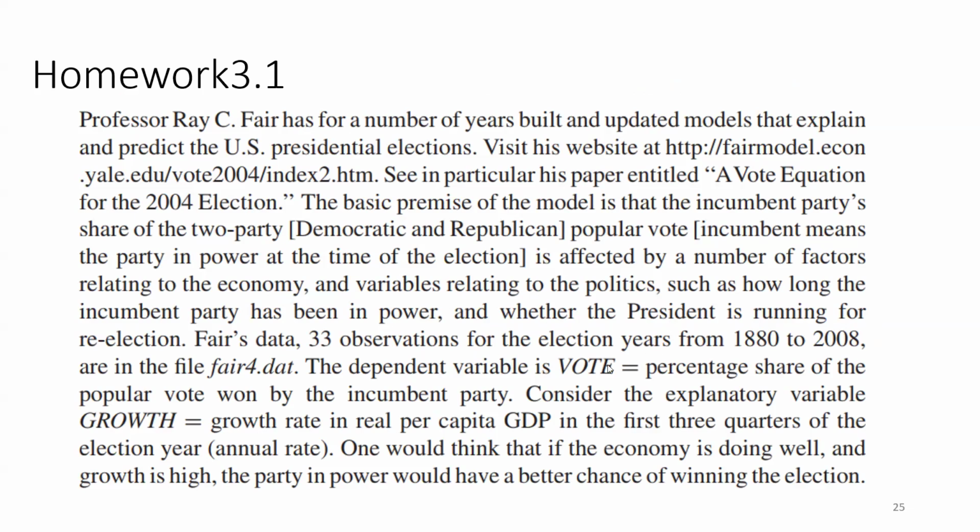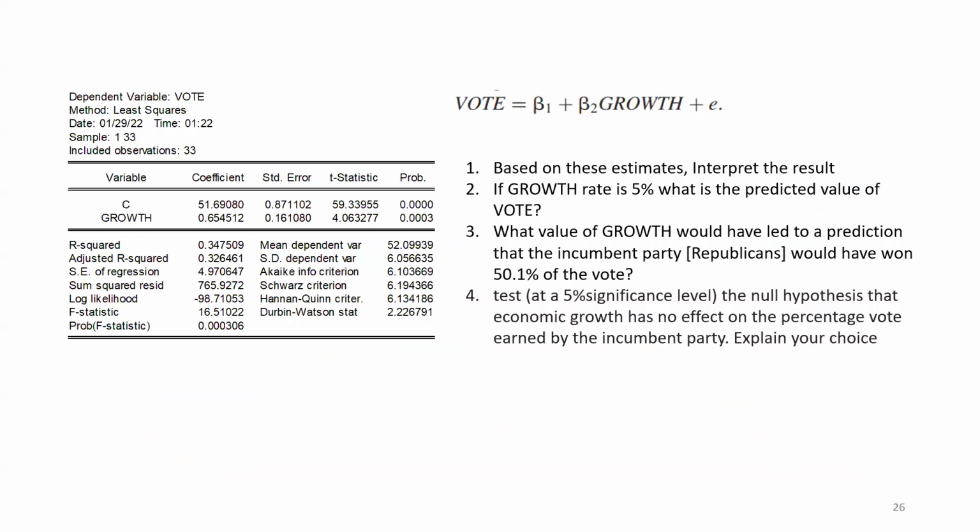They have the data of vote percentage share and the growth rate, which means they expect that if the politician did well, which means the country has higher GDP growth, the popularity must increase as well. So they estimated the equation for you already. The higher the growth, the higher the vote.